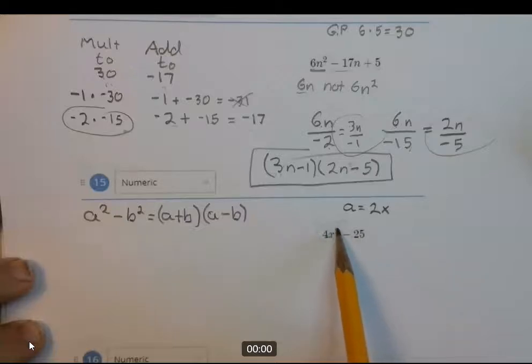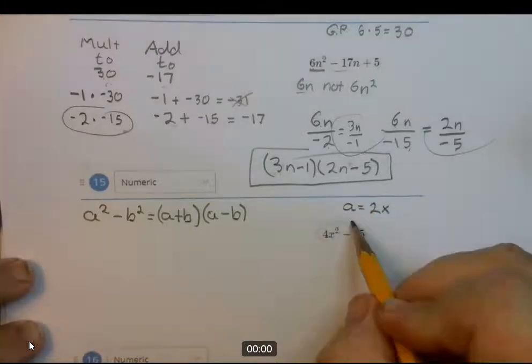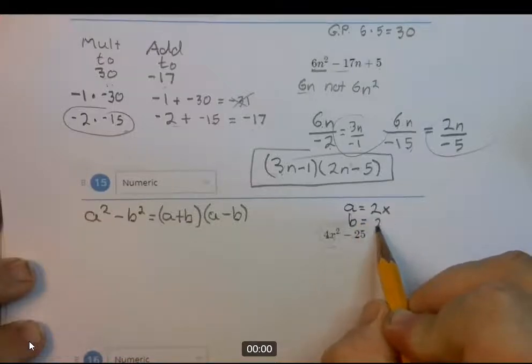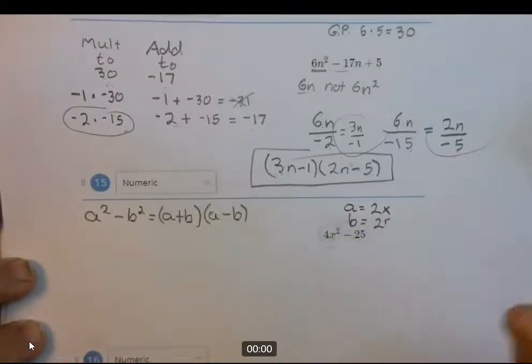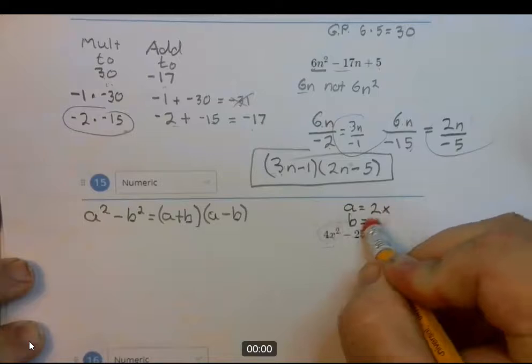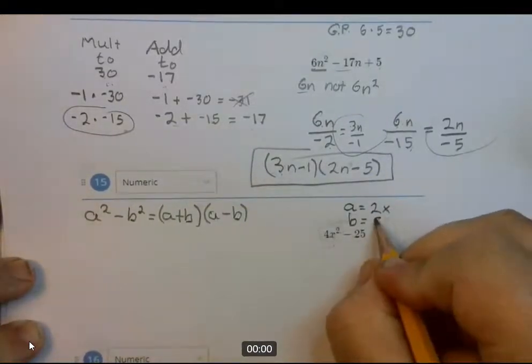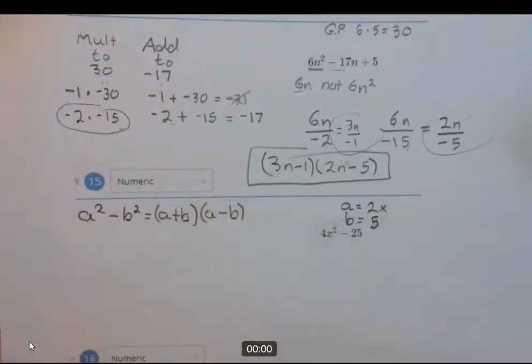So this is a squared. So if this is a squared, a is the square root of everything you see here. The square root of 4 is 2. The square root of x squared is x. And b is the square root of 25. Not negative 25. There is no such thing. But it's the square root of 25, which is 5. Okay? So that's a and b.